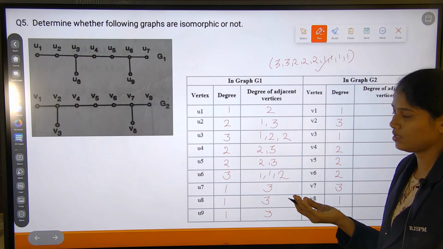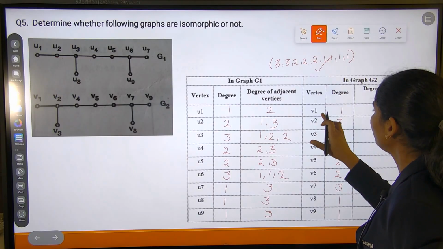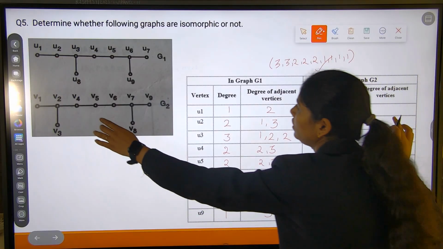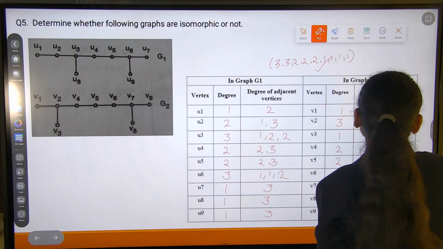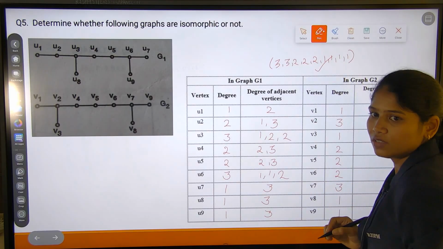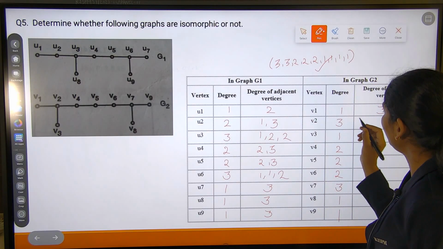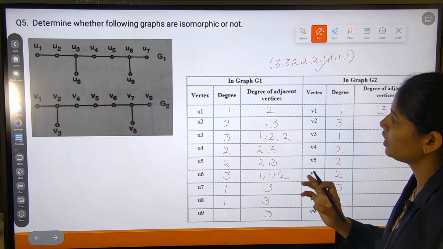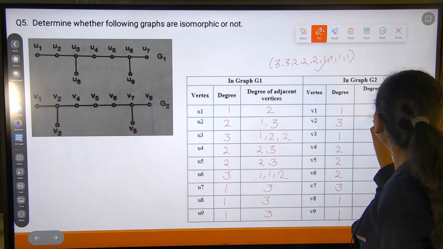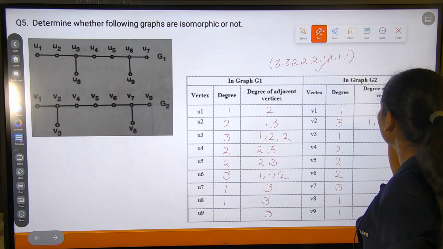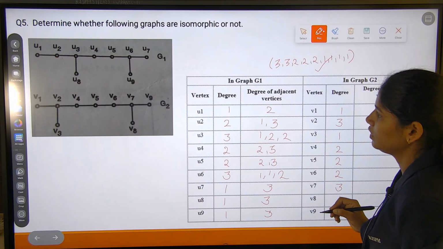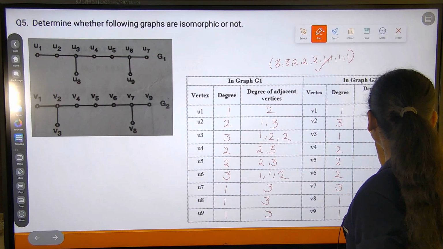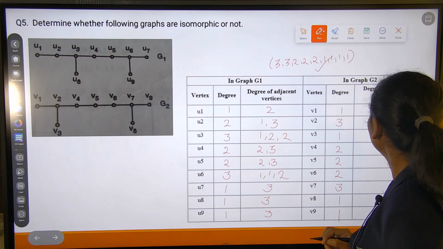Check for the adjacency. So for adjacency, V1 having adjacent V2, degree is 3. For V2, V1, V4 and V3 are adjacent, so 1 1 2. For V3 only one is adjacent having degree 3.